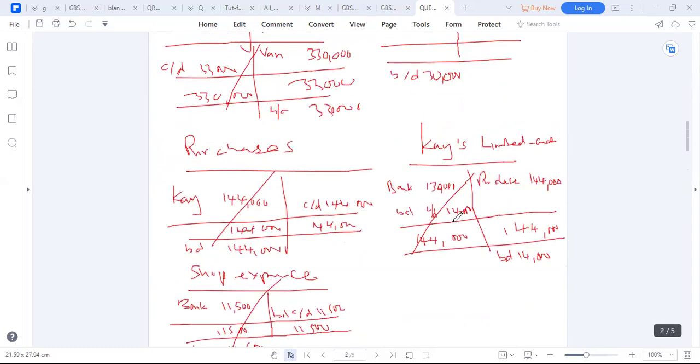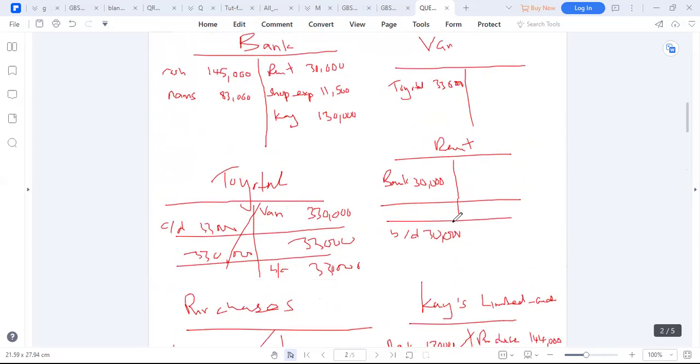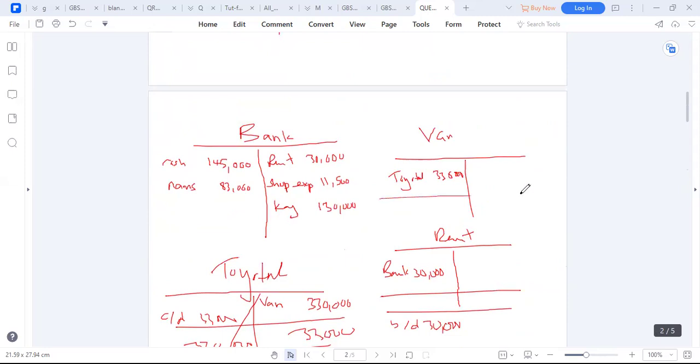Then we go to van account. Balance brought down. Actually, check if you put it on the same line. It's 330. The rest you know, carried down 330.